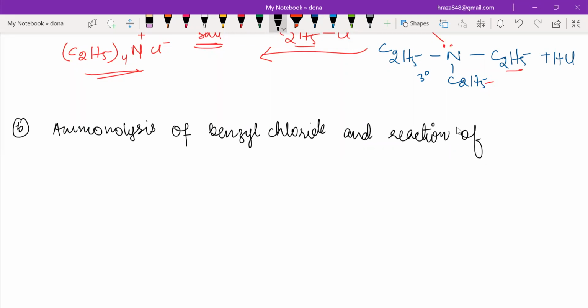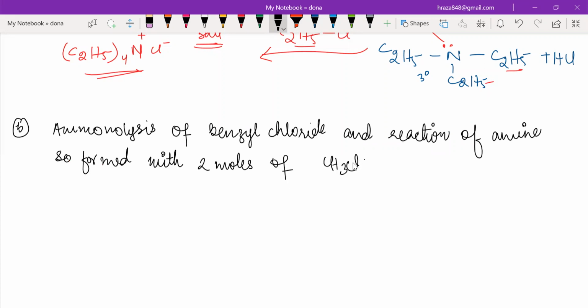And the reaction of the amine so formed with 2 moles of CH3Cl.